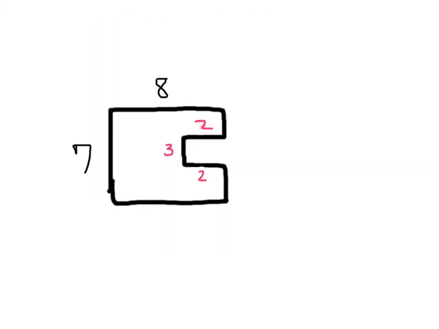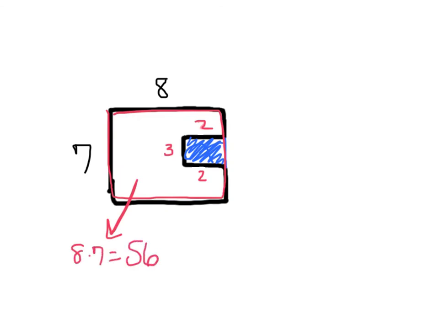Where this also might come in handy is, instead of breaking a figure into smaller parts, sometimes it's easier to think about what is not included. In this case, it's going to be this little blue shape. If I take the whole big figure, I have one rectangle. The area is going to be 8 times 7, so 56 units squared.